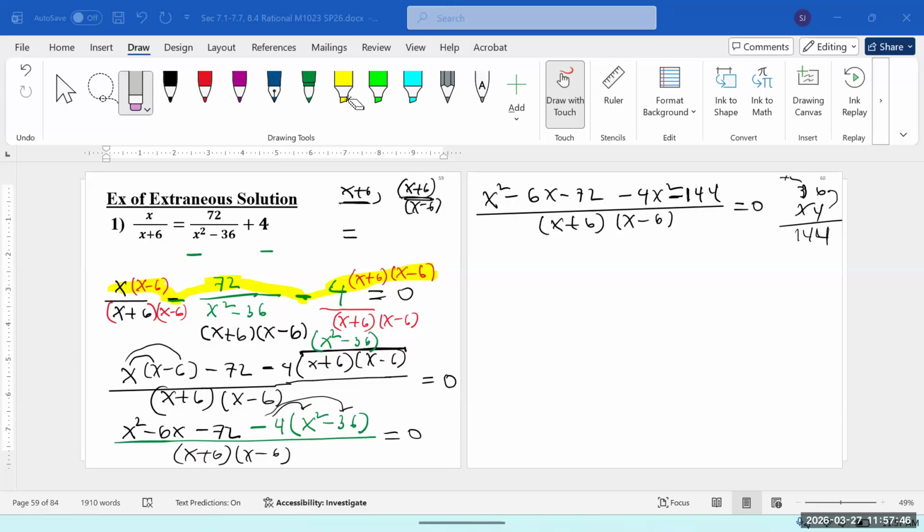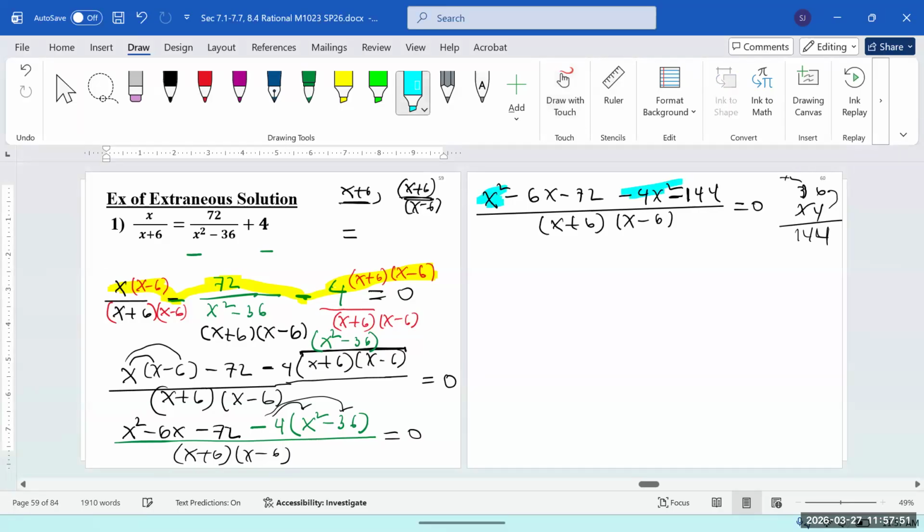Okay, so we combine like terms. We have x square and minus 4x square. How much do we have? X square minus 4x square is? Come on, guys. Your exam is within a few days. X square minus 4x square is negative 3x square.